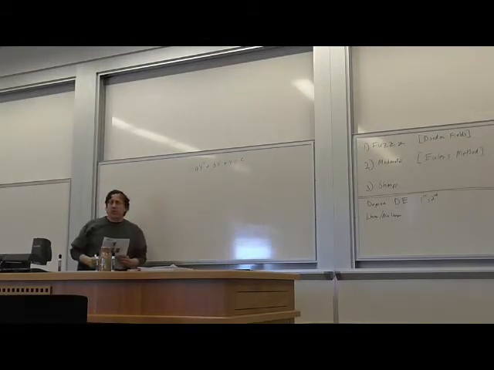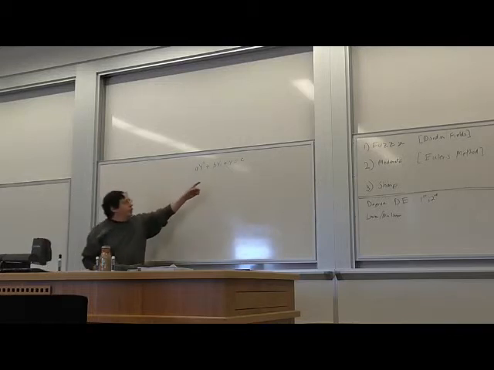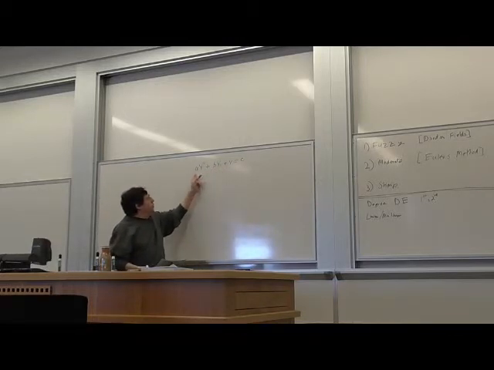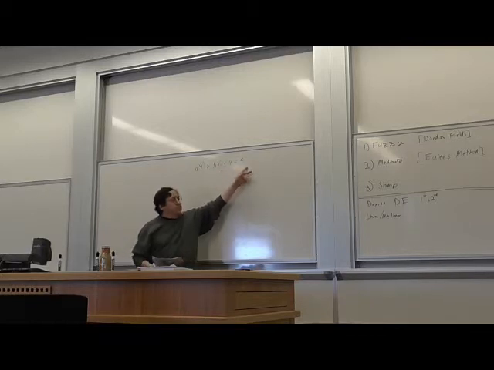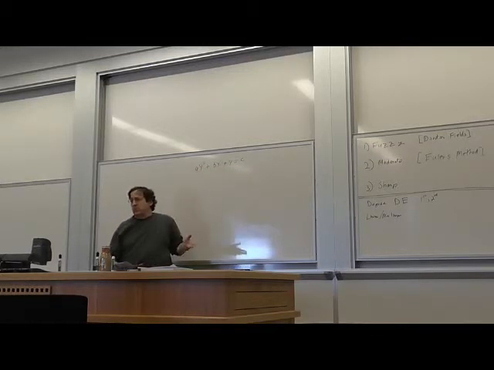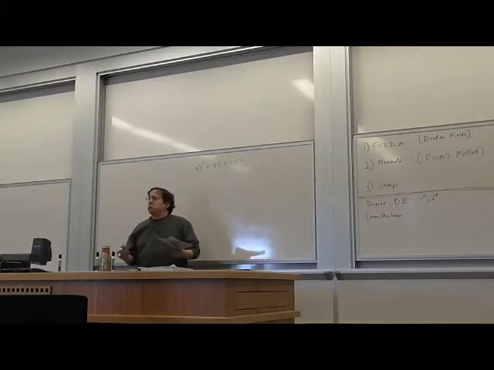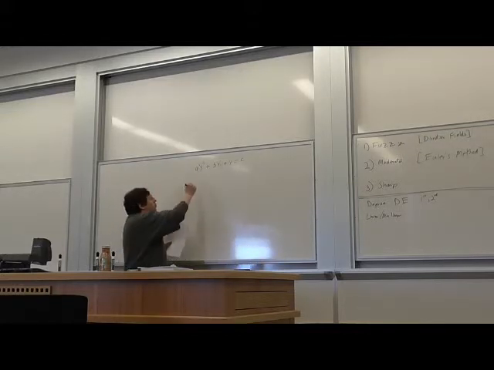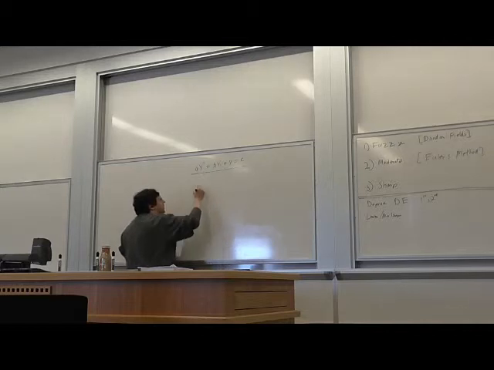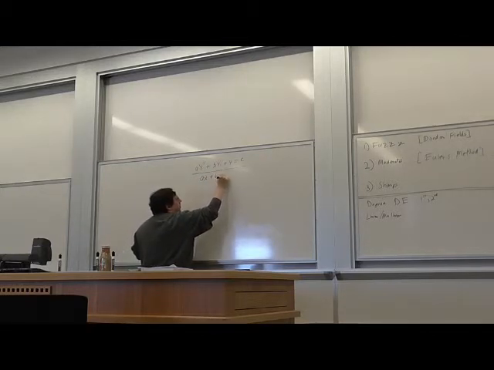This is linear because the function and its derivatives are multiplied by constants. You might want to think of a linear equation, which could be ax plus by equals c.